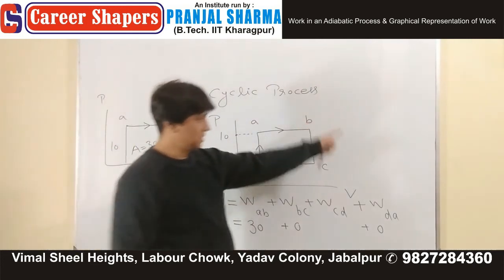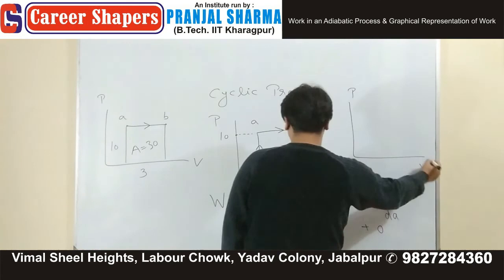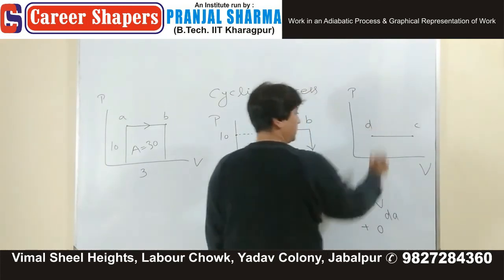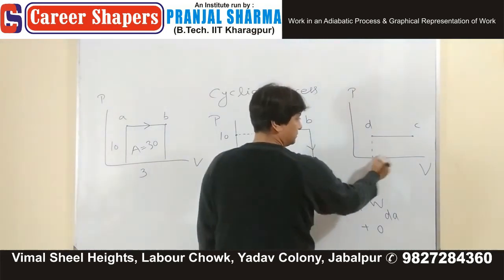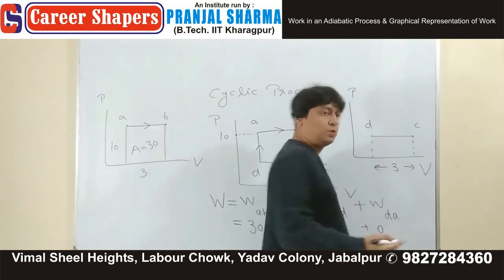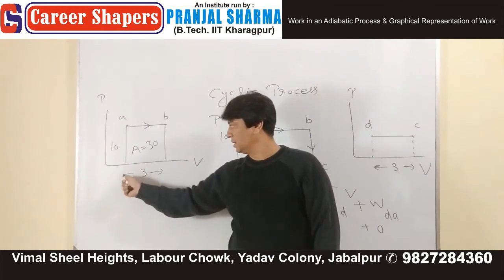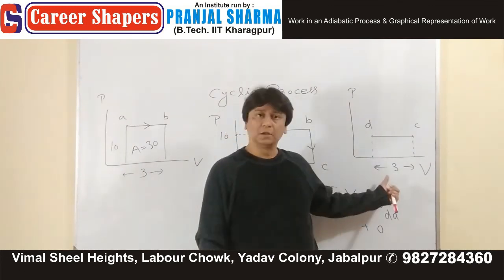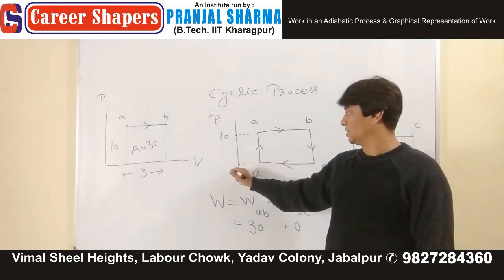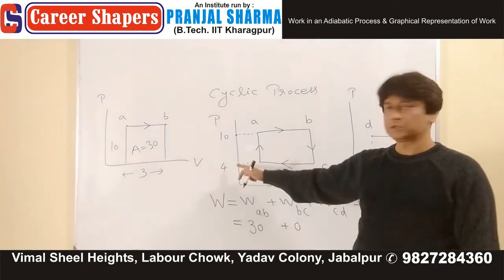Then either. Let's now concentrate on the CD part. CD. We need the area. I hope you can see that the base is still what? 3. If this base was 3, then this will also be 3. But suppose this part is, what do you want to take? Let's say 4. This is 4.